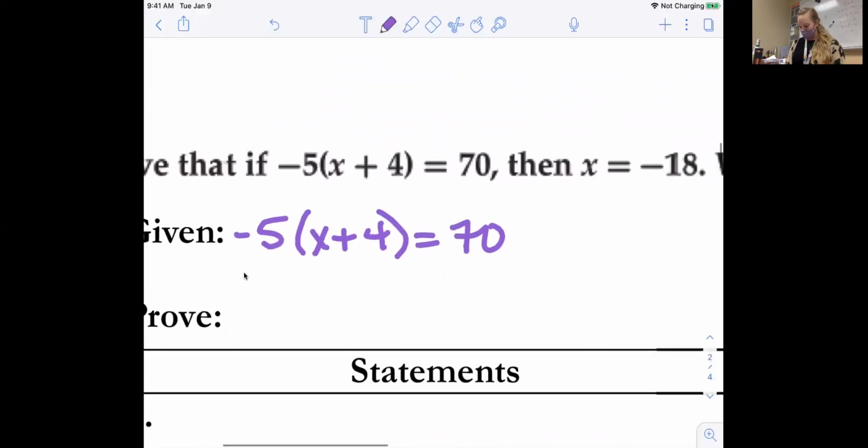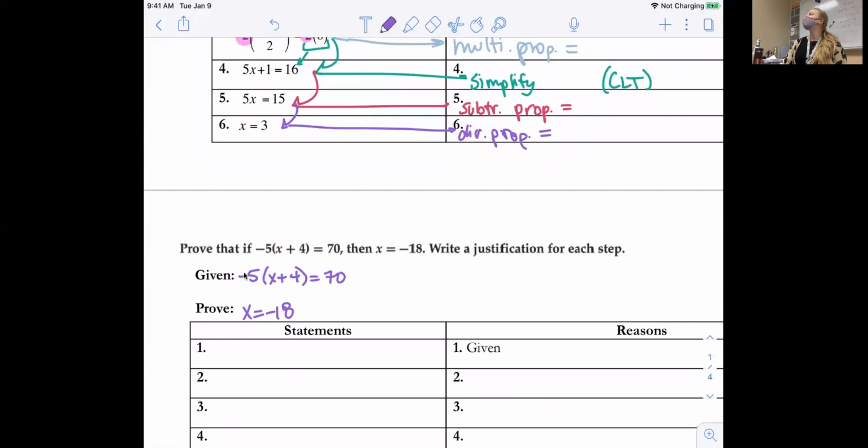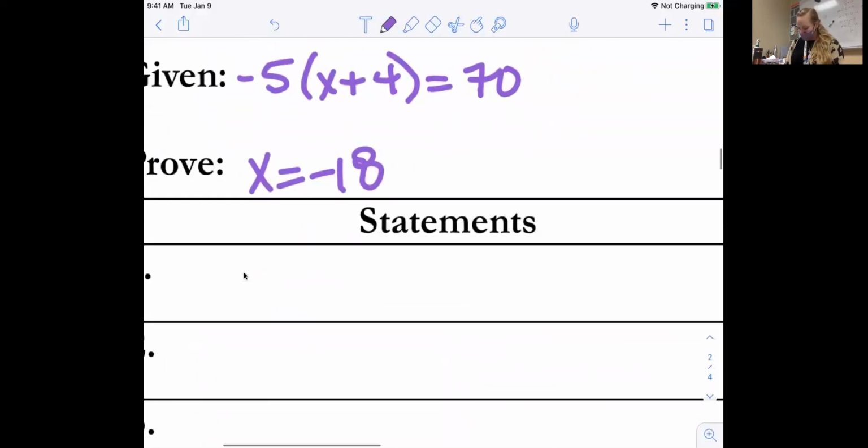And what we're going to prove is that x equals negative 18. We always start with the given, right? We're going to fill the whole thing in. I didn't give you any steps, but that's okay because you guys are smart and we can do it. So I have to write negative 5 times x plus 4. What is happening?